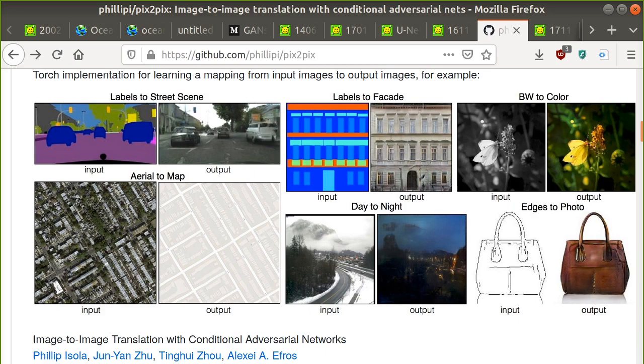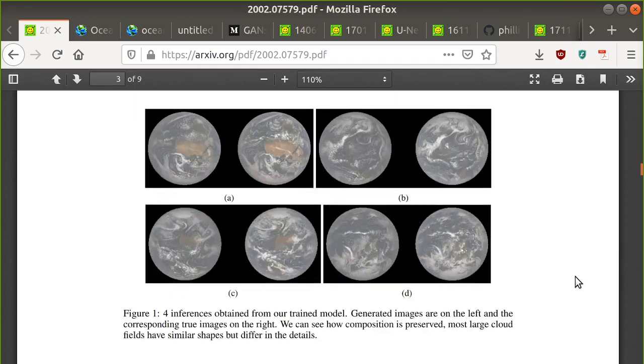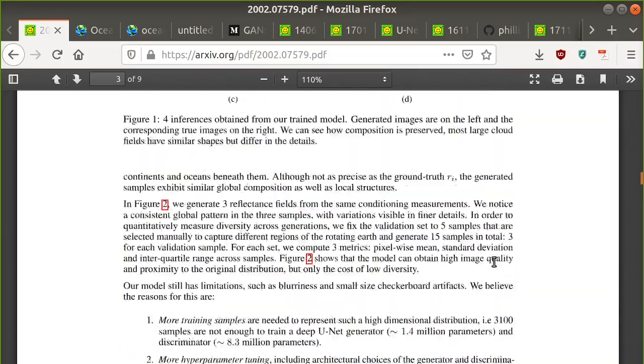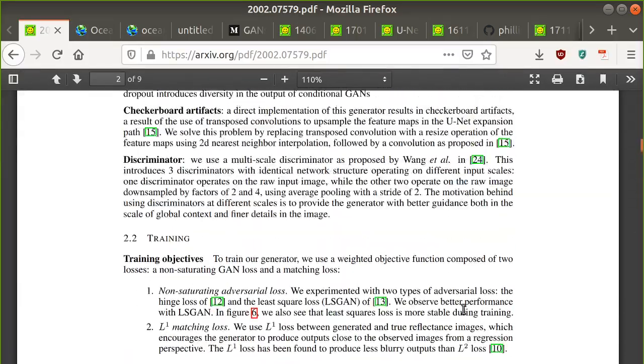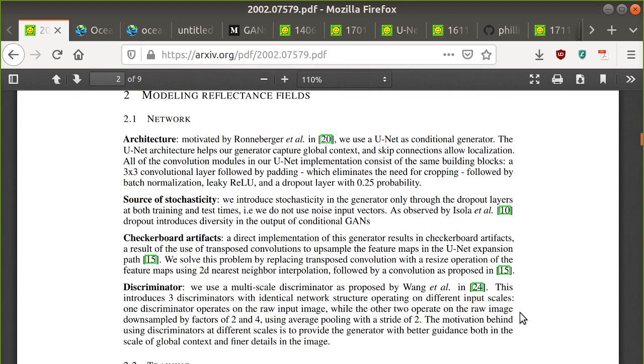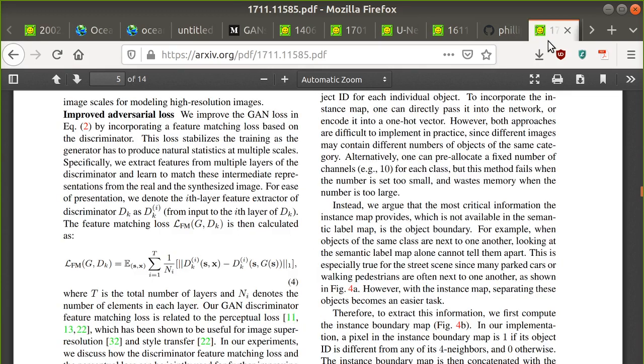Okay. So another ingredient that they use, they list them here, all their tricks, and there really are a lot of tricks. Another ingredient they use is a multi-scale discriminator, which is proposed by Wang et al. Let me open this up.